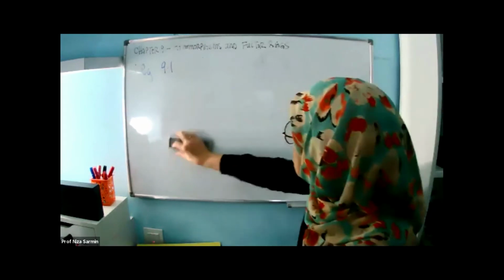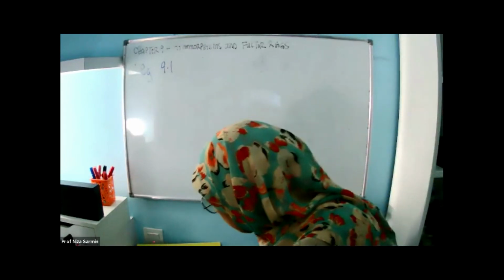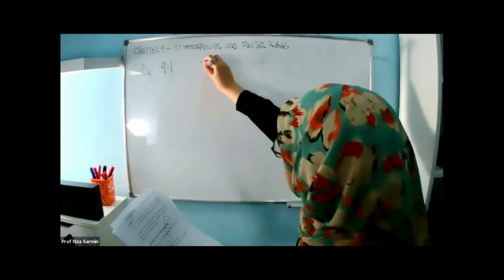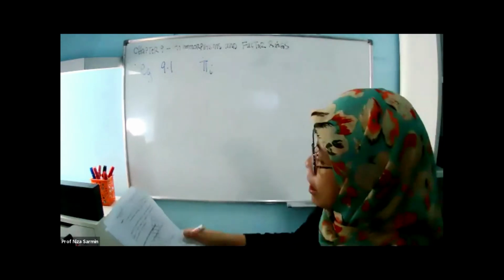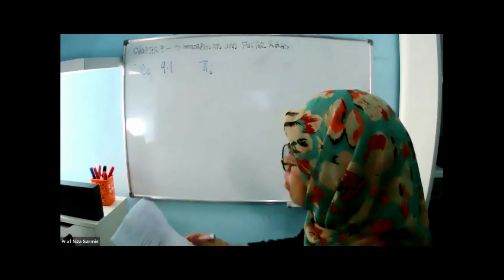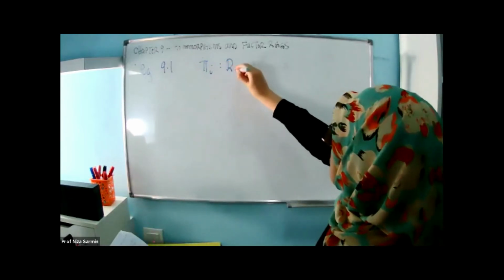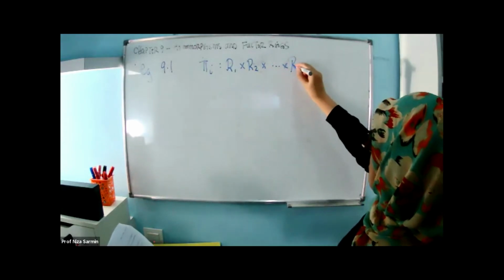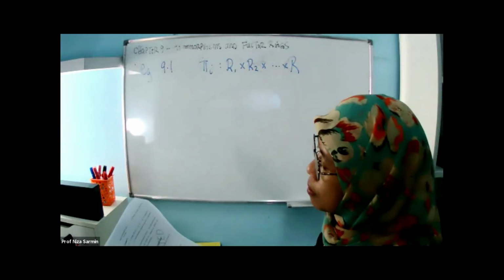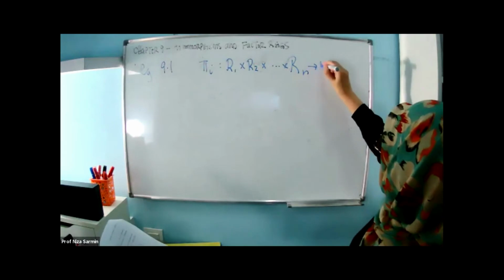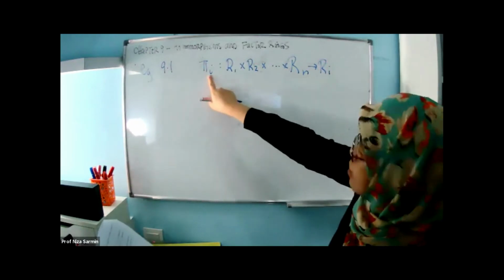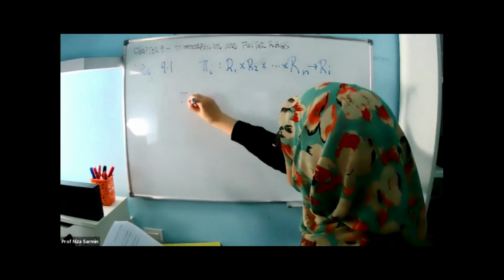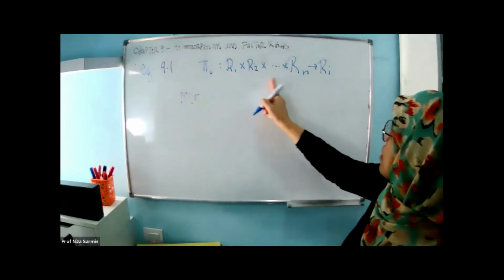Okay, so in this example, we have the mapping, call it pi of I, from the direct product of all these rings to R_i. That's why there is an I. This is called the ith component.